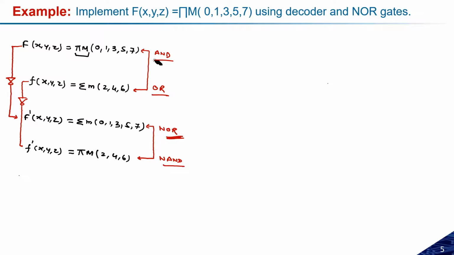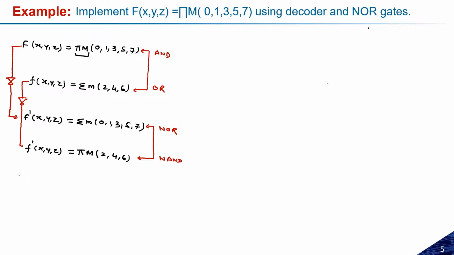So I will recommend just do some exercise on designing this function with the help of other options as well. As of now, I will be designing with the help of NOR only, because the NOR is given over here. But I am expecting that you will try to check with other possibilities as well. And once you are ready with that, your doubt will be clear. So please do it just after this lecture only, so that you will be able to understand the concept.